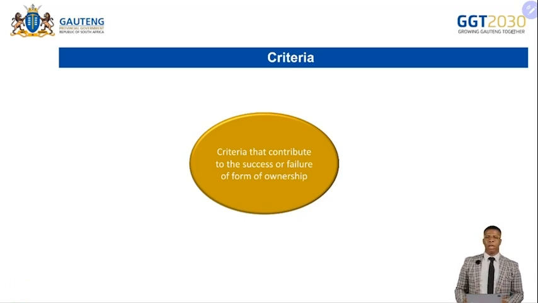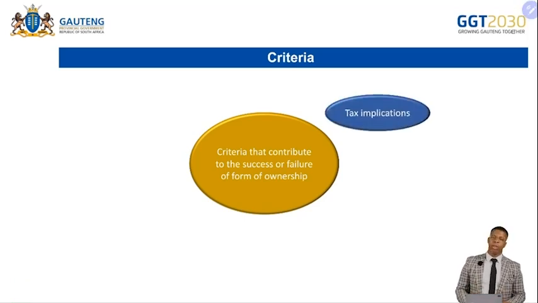Whether you will be a doctor, a lawyer, a nurse, or an accountant, at some point you'd want to run a business. So these skills would help you to understand how to formalize your business and how to own your business. So before deciding on the form of ownership that you would want to use for a business, you need to look into these criteria.